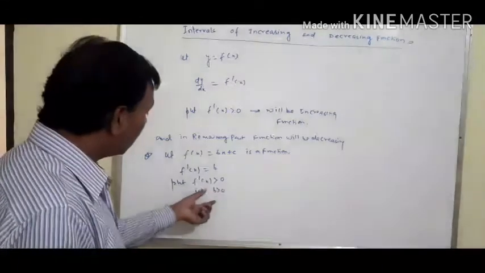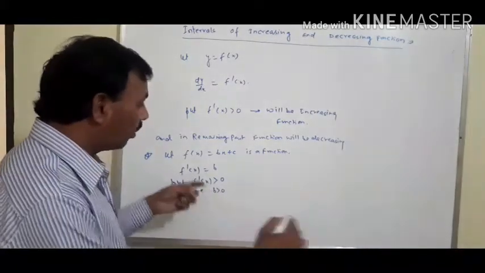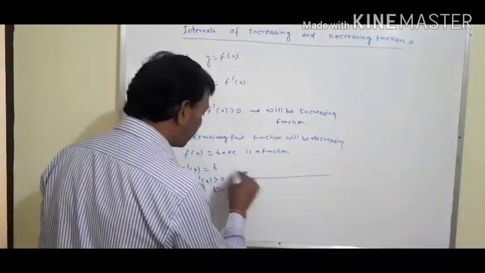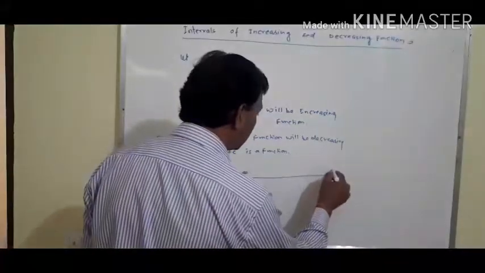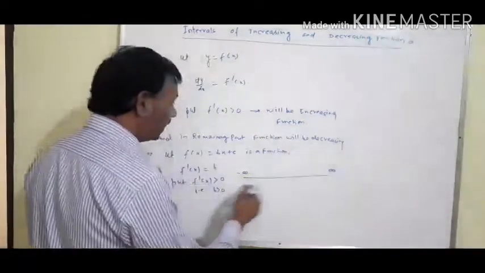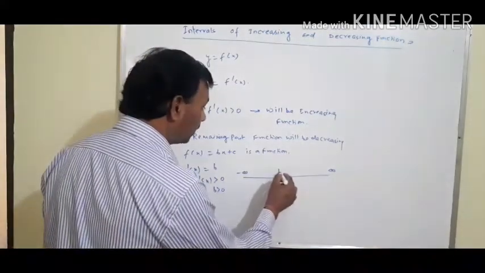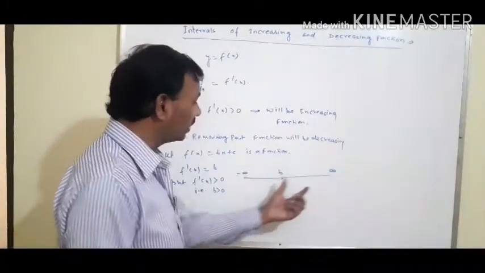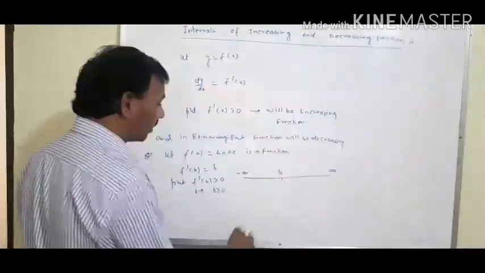That means b divides the whole number line into two parts, considering this is negative infinity and this is positive infinity. Suppose here is b, then b divides minus infinity to positive infinity into two intervals.